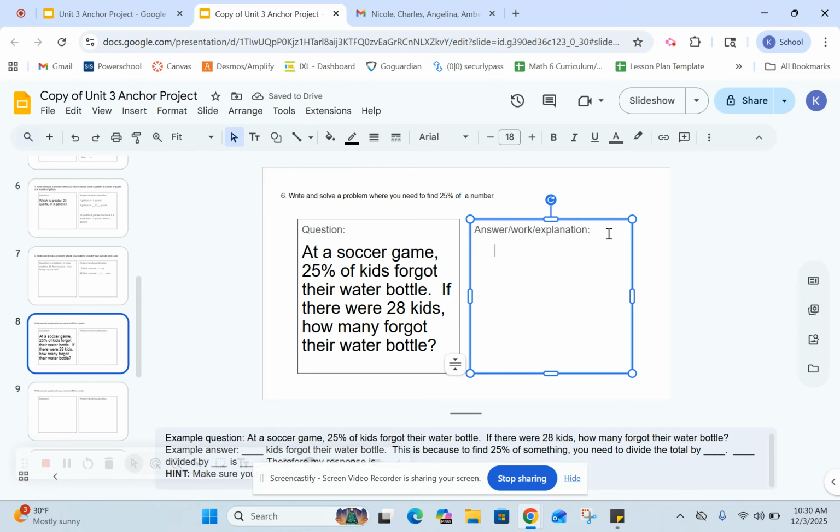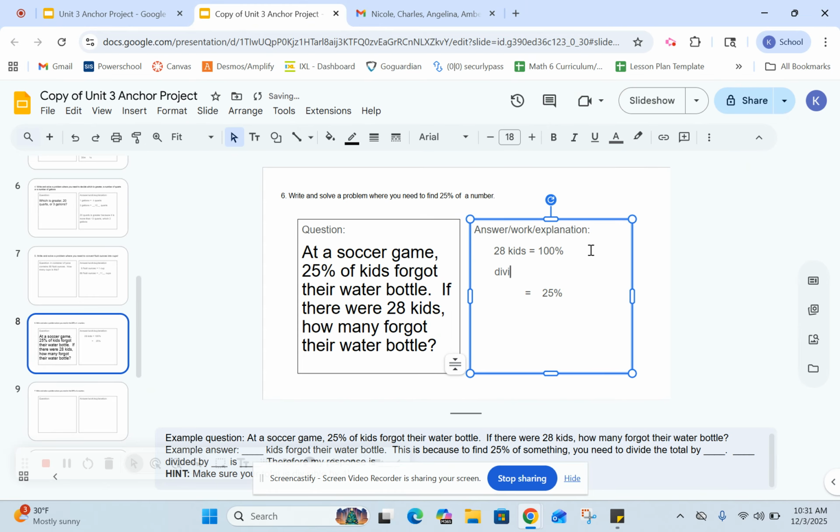We know that the 28 kids is the total, so that is 100%, because that's the total number of kids. Now, we only want 25%. To go from 100% down to 25%, you can divide by 4.